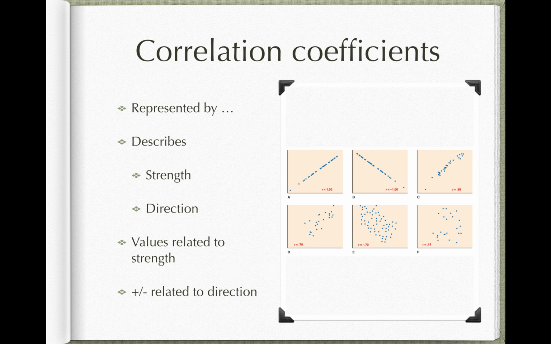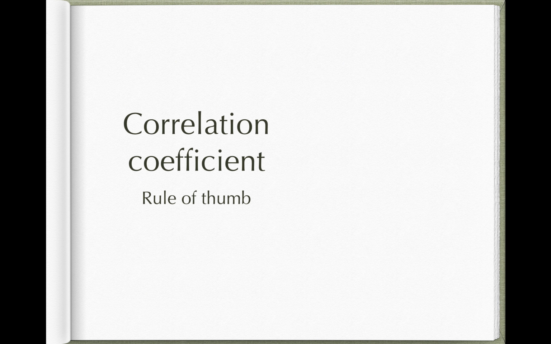And you see that the correlation coefficient is 70, which means it's a moderate correlation, fair to moderate correlation. And in scatter plot F, you see a correlation coefficient of 0.14, which means there's a poor or no correlation, and you cannot see a direction of the covariance between these two variables.